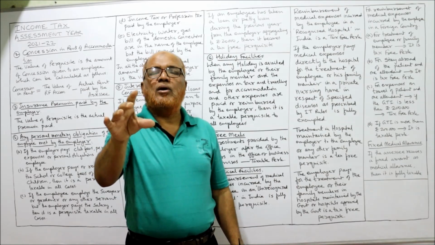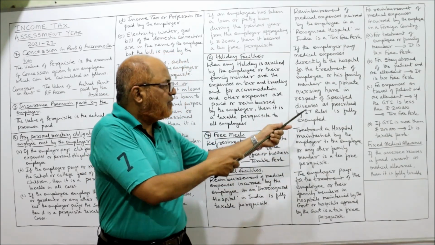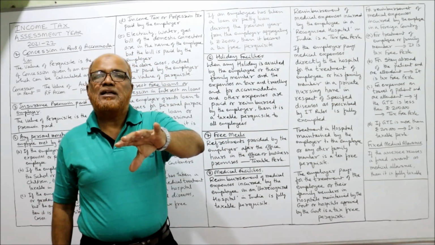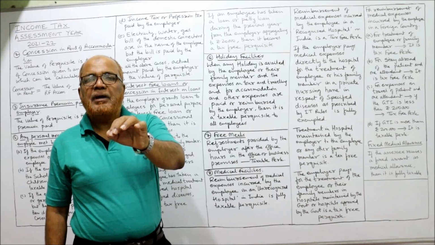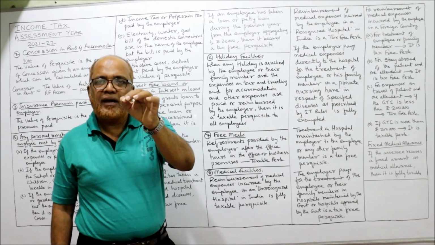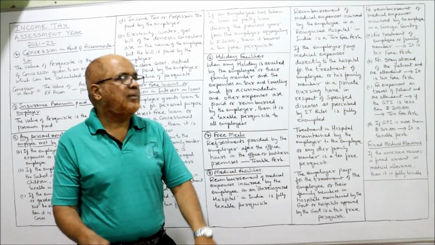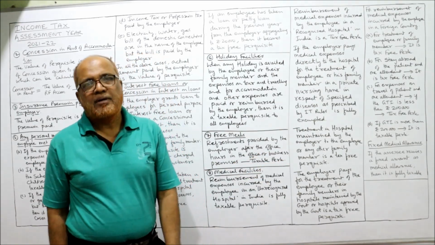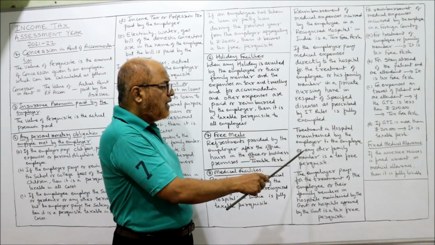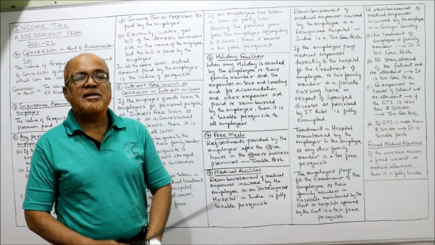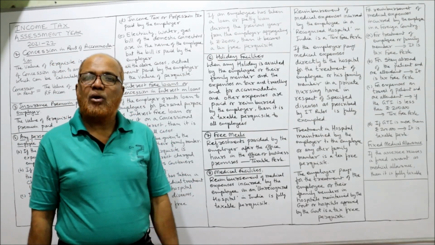If the employee or family members are suffering from specified diseases and getting the treatment in a private nursing home and the medical bill is directly paid by the employer to the hospital, then it is a tax-free perquisite. Next one, treatment of the employee or any other family member in a hospital maintained by the employer is a tax-free perquisite. Sometimes the employer will maintain the hospital.